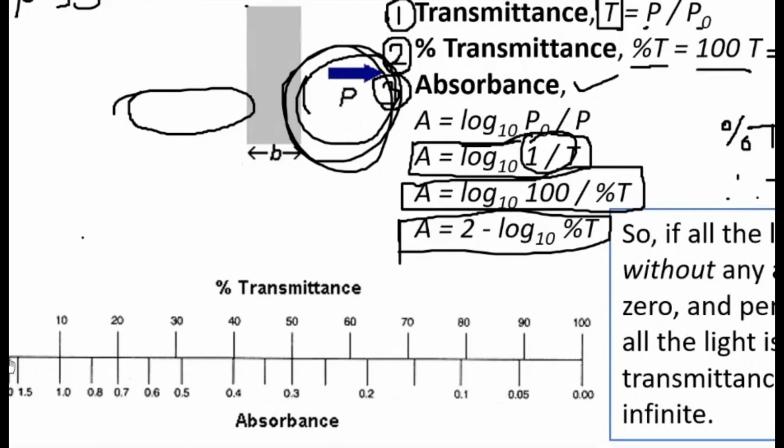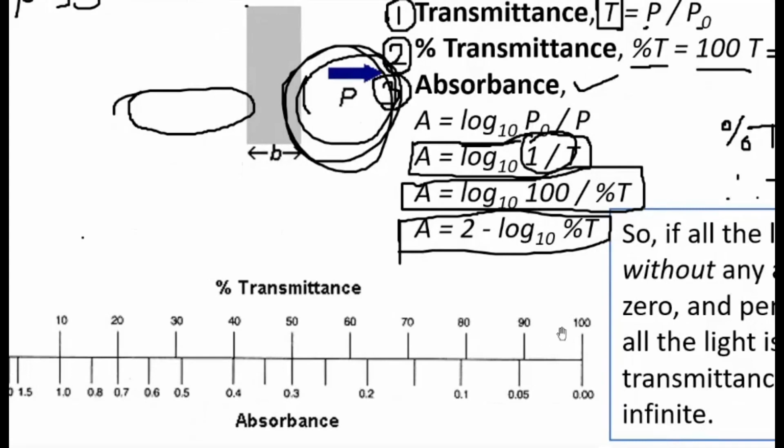Absorbance is on the higher side 2, on the lower side 0. Why is it 2 at highest? Because when percent transmittance is 0, this entire term will be irrelevant, so the absorbance value will be 2. When percent transmittance is 0, the absorbance is 2.